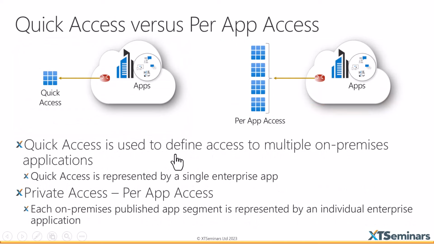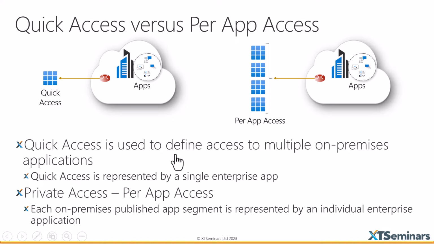Now, there are two flavors of this. There's quick access, and the idea of quick access is that it gives you quick setup and access to lots of different applications. The problem with quick access is that it's a single enterprise app, so it's a single conditional access for all of your quick access published applications.